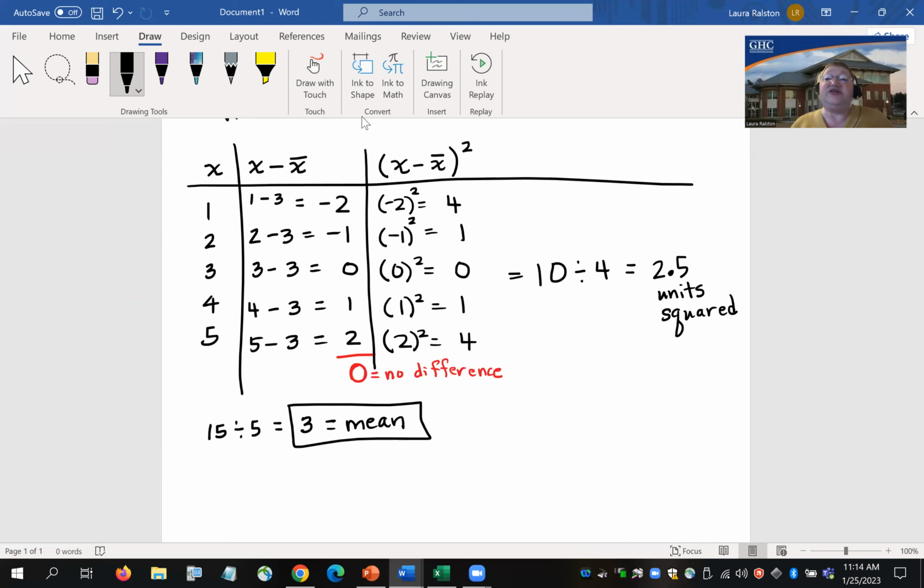Z is X minus the mean divided by the standard deviation. So I would have 2.4 minus 3.2 divided by 0.8. Guys, be careful. Make sure you follow order of operations. 2.4 minus 3.2 is negative 0.8.